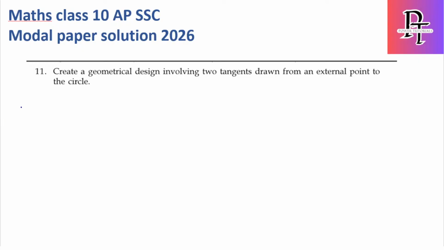Next, 11th one, create a geometrical design involving two tangents drawn from an external point to a circle. Okay, so let's draw first. They're asking for a geometrical design, so make sure to use a scale and pencil to answer this type of question. And I always suggest, if you are using a geometry box, that is okay.